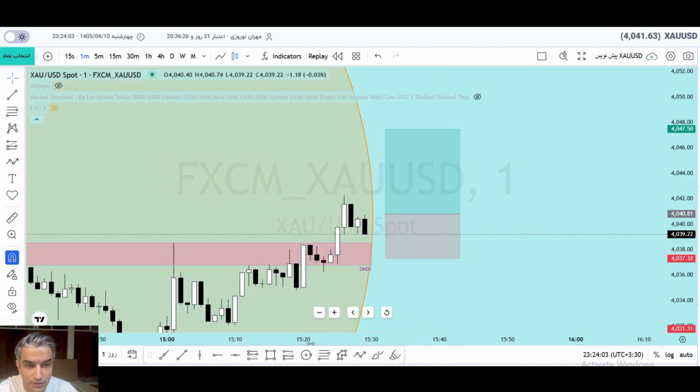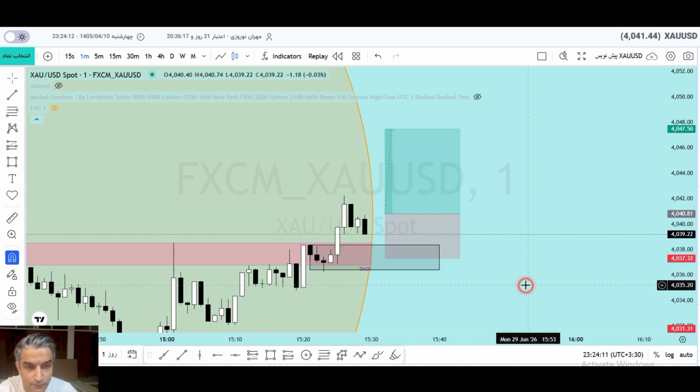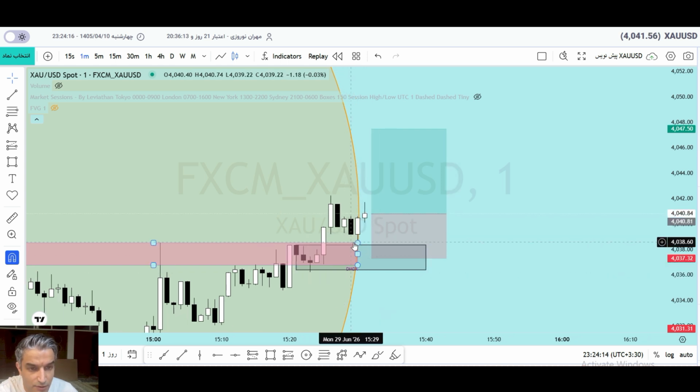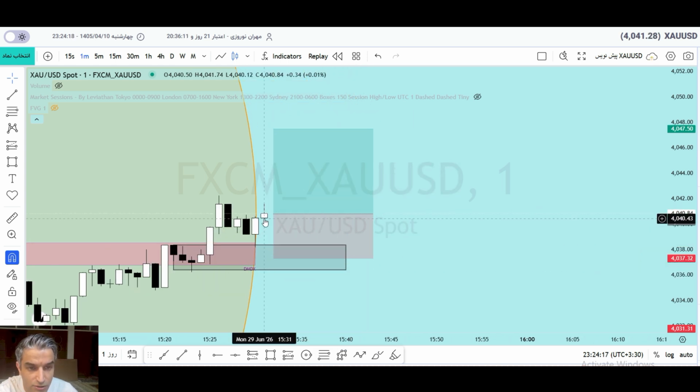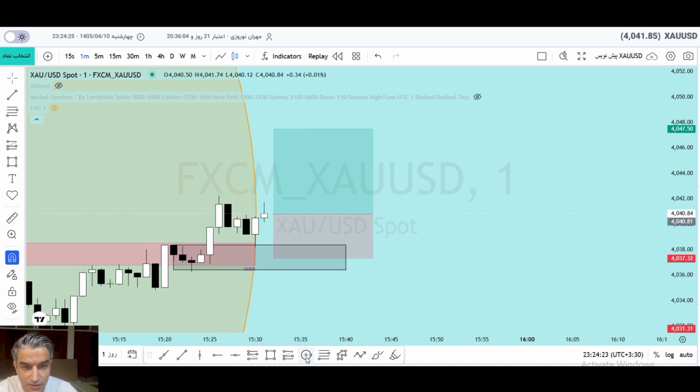As you see, price breaks the zone, goes up, and here we have unmitigated blocks. Price came back to the zone, touched it, and we have an engulfing candle as a confirmation.